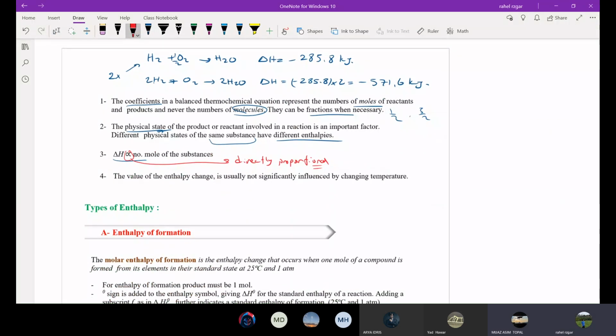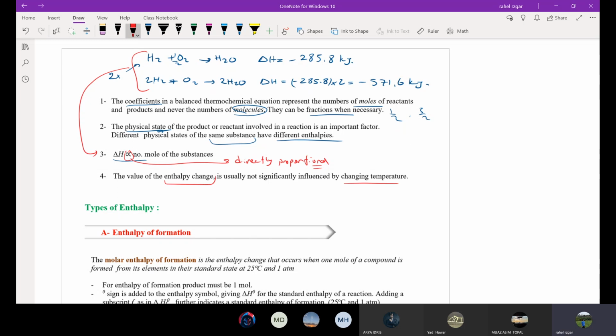Now we talked about 1, 2, 3. First one, coefficients are moles. Second, physical state. Third, delta H is directly proportional to the number of moles, just like this example. Number 4, the value of the enthalpy change is usually not significantly influenced by changing temperature. So if temperature is changed, delta H doesn't change.